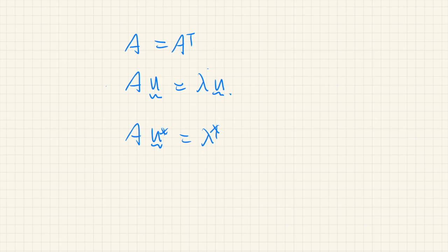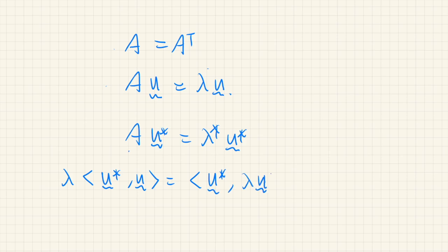Because we're assuming A is real, the complex conjugate of A is just A itself. Now consider lambda times the inner product between u star and u. This is equal to the inner product between u star and lambda u, because we can move this scalar inside.